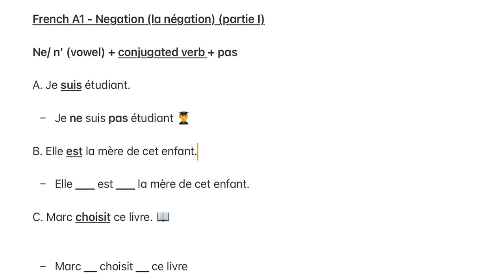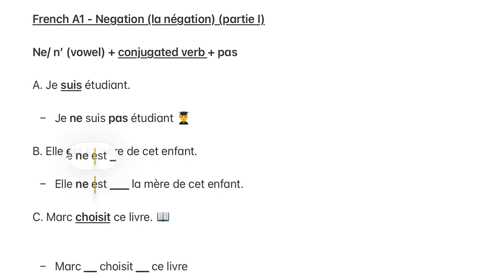Looking at the second sentence, Elle est la mère de cet enfant. She is the mother of this child. The conjugated verb here is est, which again comes from the verb être. So, again following the same steps, we add ne before the conjugated verb.